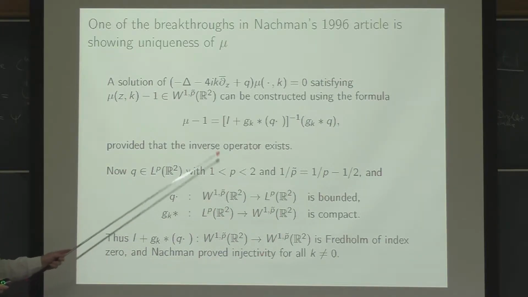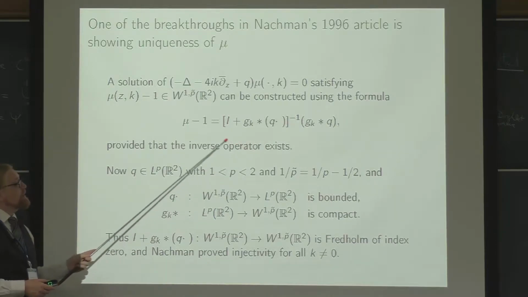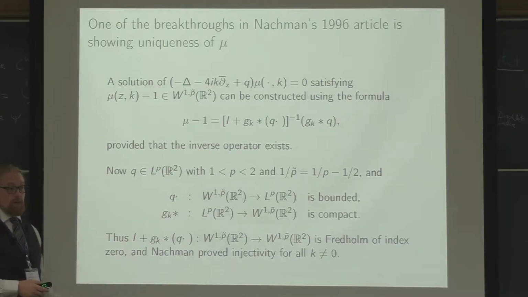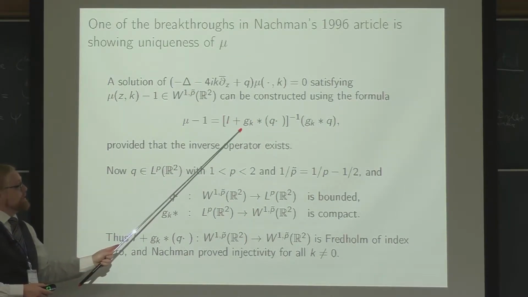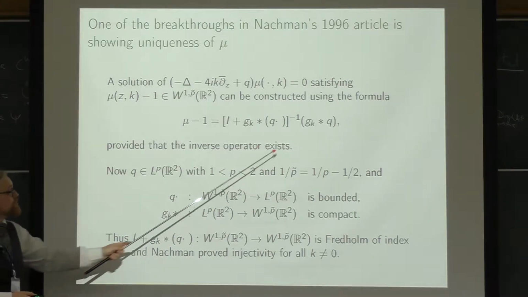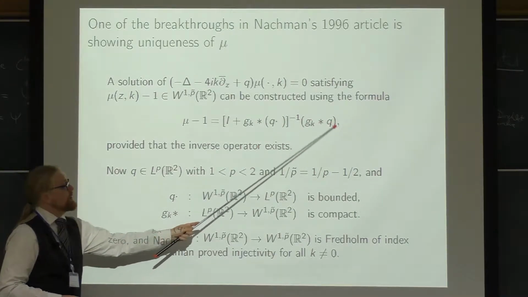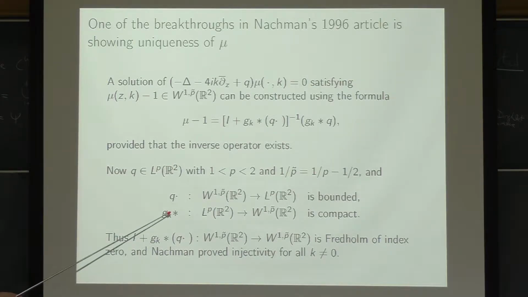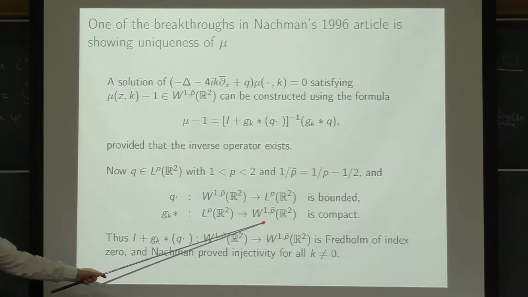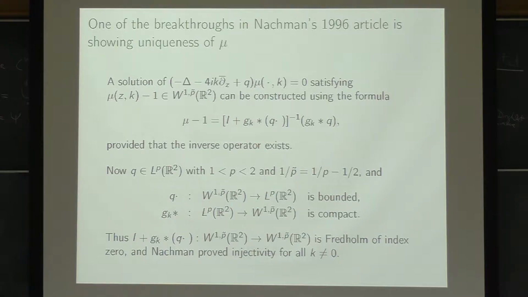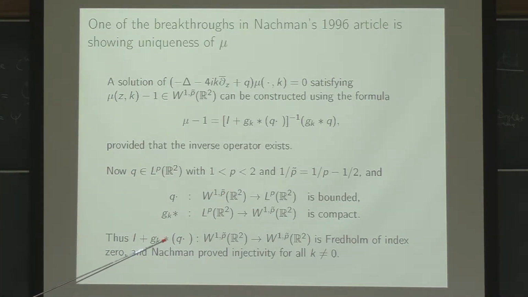So then it actually follows that this here is a Fredholm operator of the second kind. So it's identity plus compact. And also this function here belongs to the correct Sobolev space. So then everything boils down to proving that this operator should be injective.